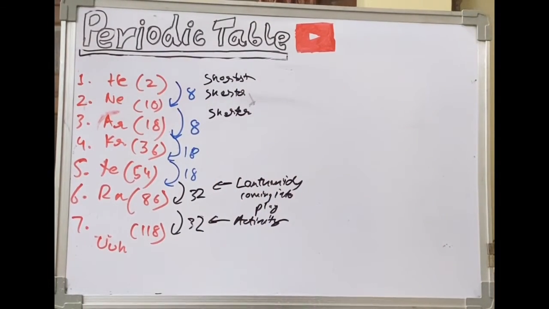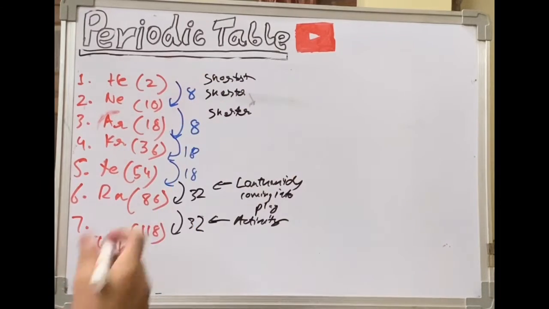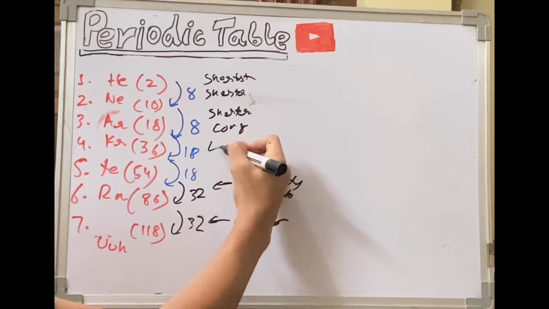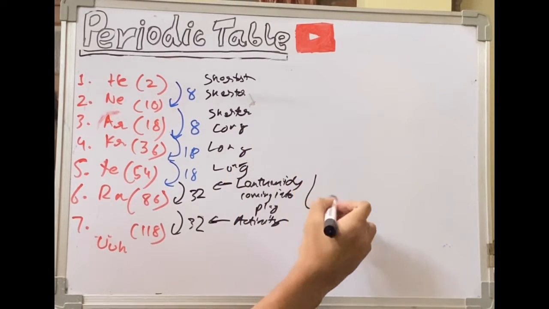Here the superlative degree is used, so don't assume that if I use shortest, shorter means even shorter. So shorter, then there is long, long, long, and these two will be the longest.